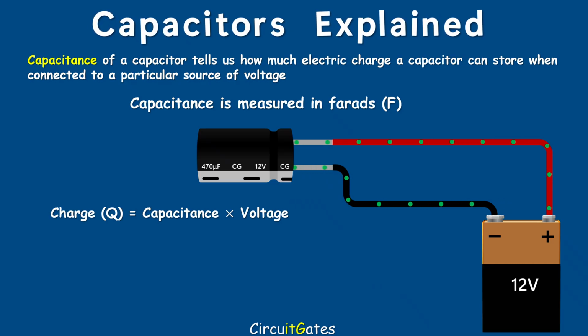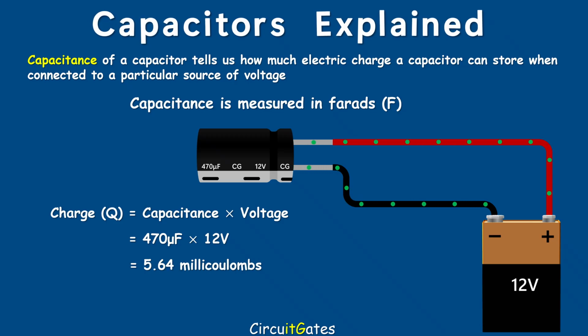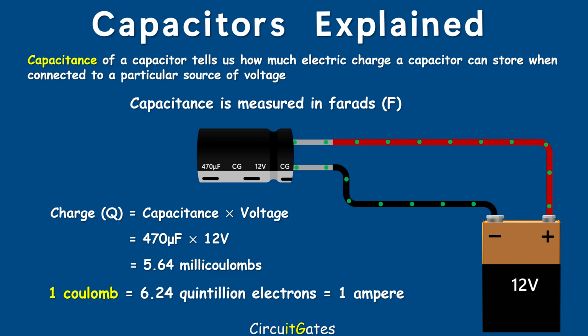For example, if a 470 microfarad capacitor is connected to a 12-volt battery, the charge stored is found by multiplying 470 microfarads by 12 volts. We get 5.64 millicoulombs. Electric charge stored by a capacitor is measured in coulombs. To understand how big 1 coulomb is, 1 coulomb is equal to 6.24 quintillion electrons, which is also equal to 1 ampere.